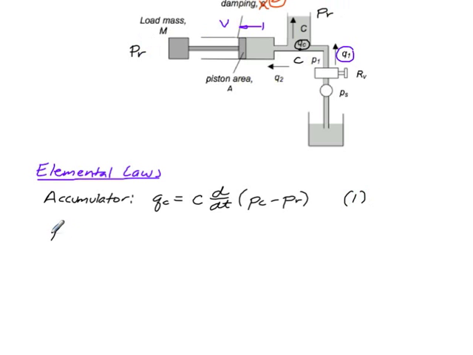Now let's look at the piston. Going back to our days of looking at mechanical systems, the first thing we need to do is draw an FBD.